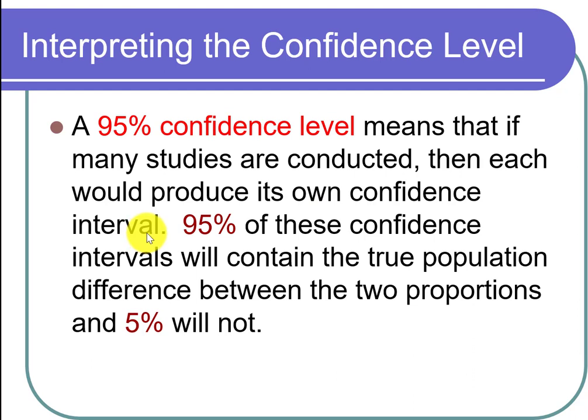Very similar to what we did before, but now we're talking about differences. 95% of these confidence intervals will contain the true population difference between the two proportions, and 5% will not. Really similar to what we did before, but now we're just talking about a difference between the two population proportions instead of just what is the population proportion.